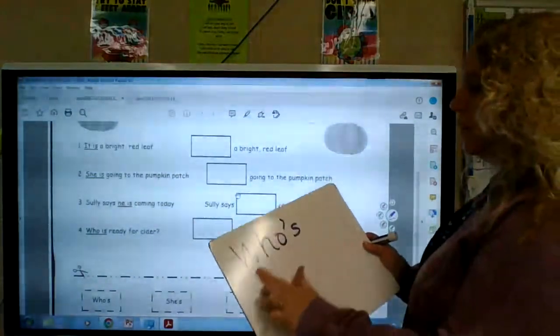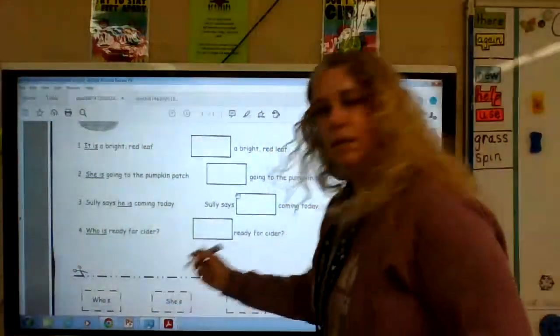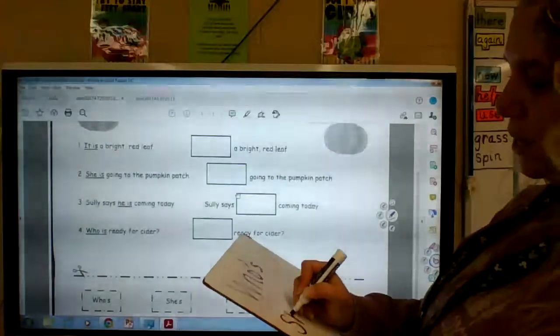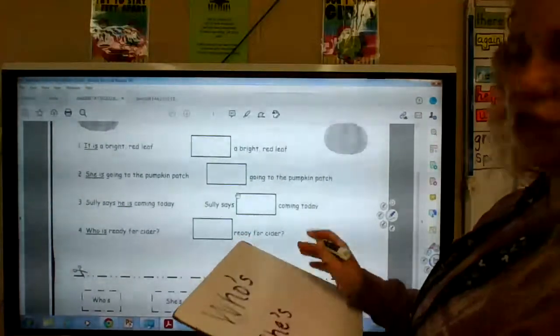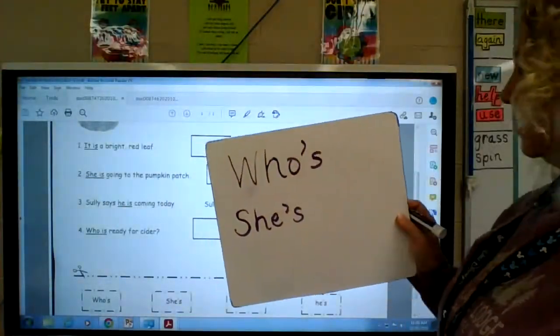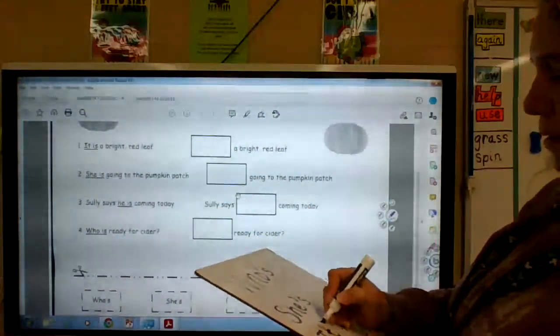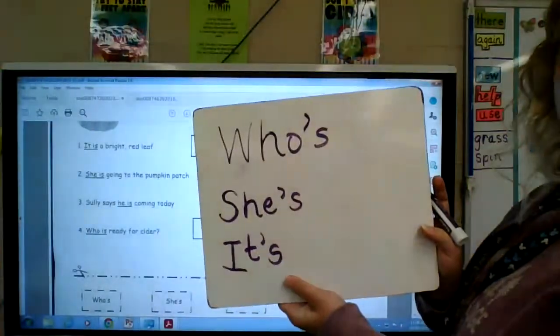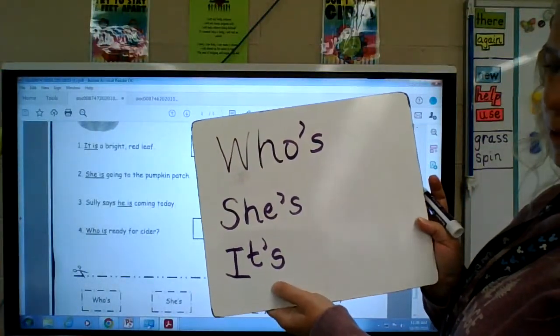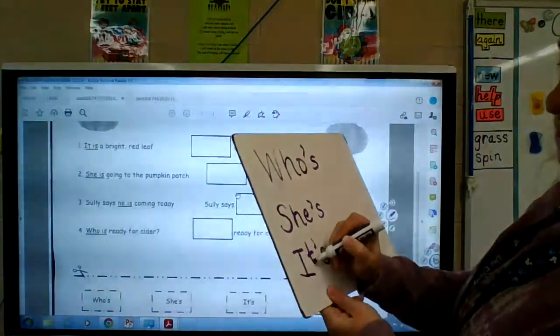Okay, and then the second one is she's, so that means she is, like she's my friend, she is. And then the next one is it's, that means it is. And my T looks kind of funny.